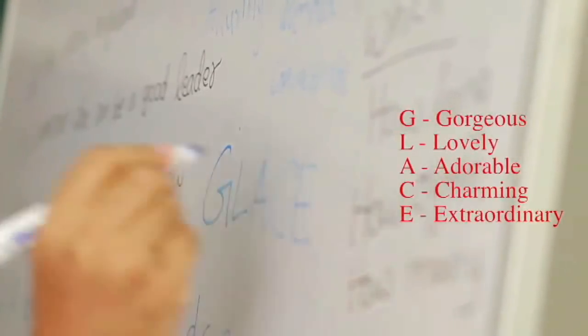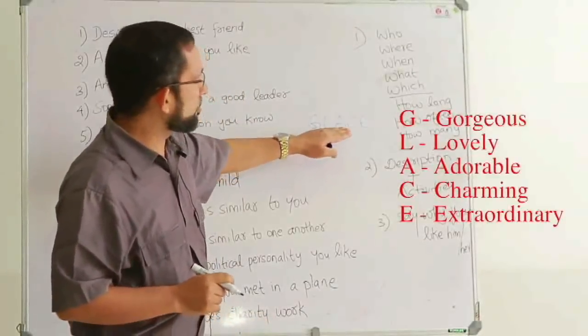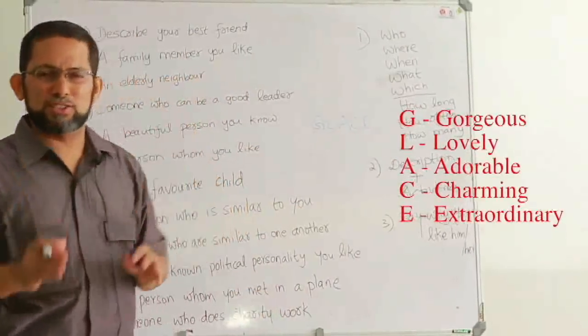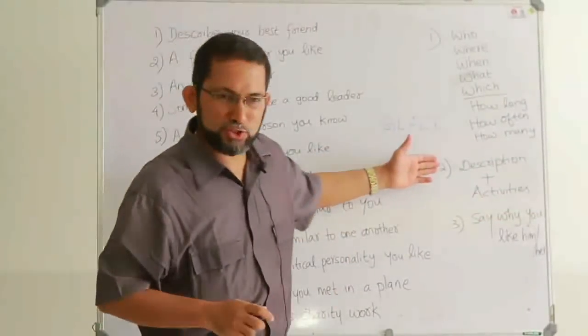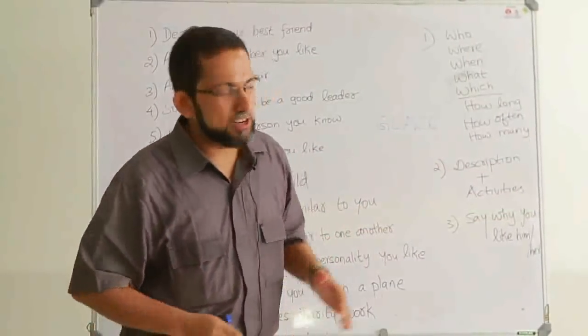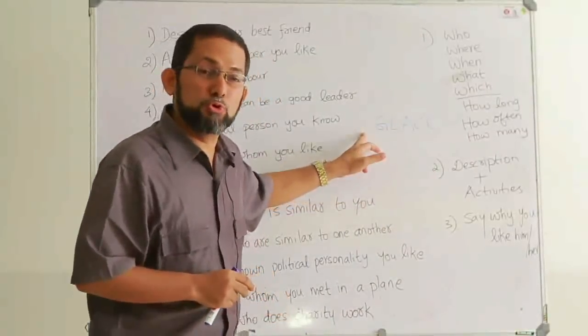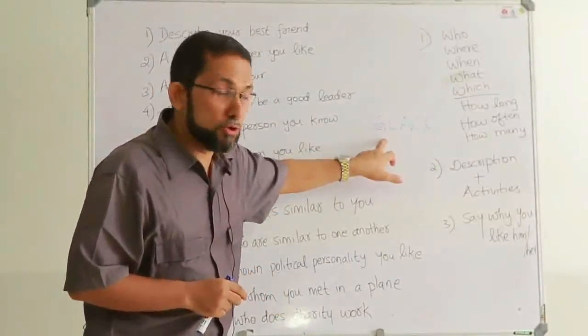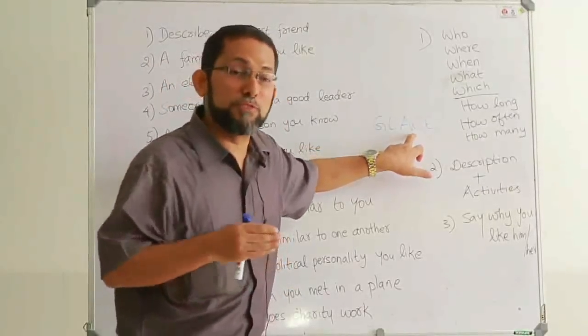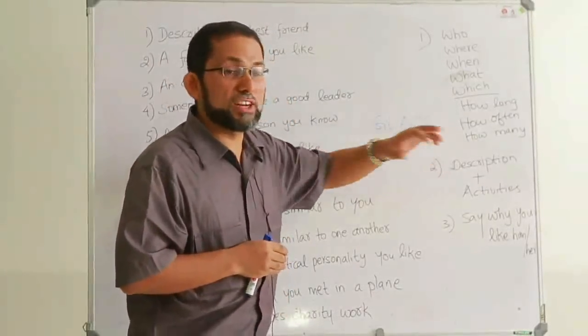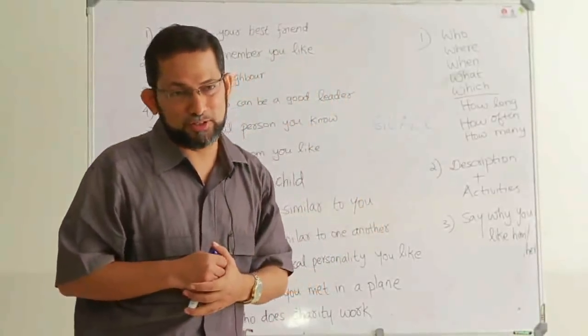GLAZE would be gorgeous, lovely, adorable, charming, extraordinary. This is just something to remember. If you're going to describe your friend, you could say your friend is quite a popular person in the school. He looks quite attractive with gorgeous wavy hair, lovely blue eyes, adorable lightish darkish complexion, charming sophisticated personality, extraordinarily sharp and striking facial features.